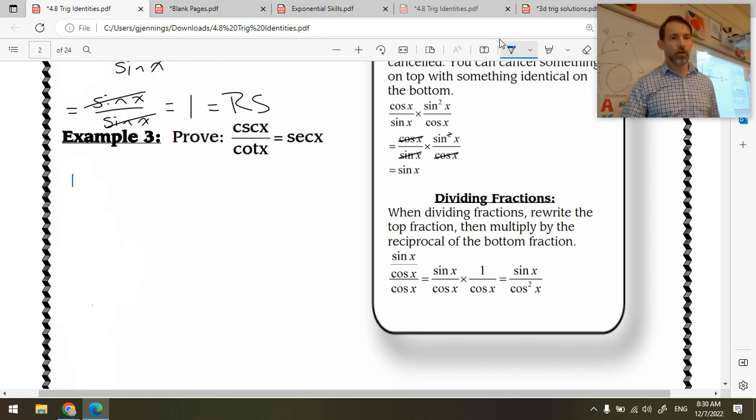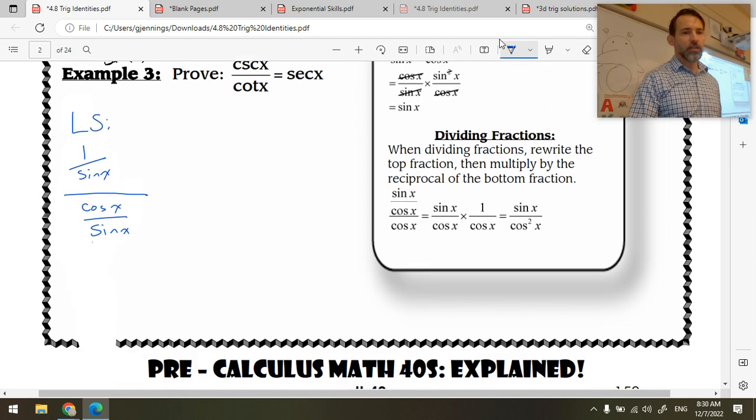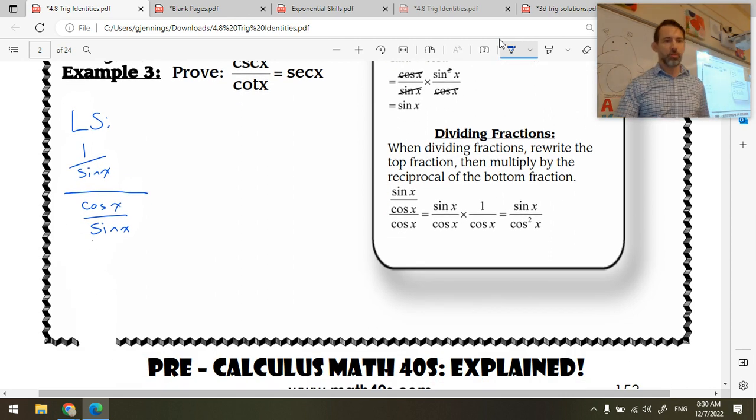So here is the working on the left side. Cosecant x is 1 over sine x divided by cotangent of x. Well, cotangent of x was cosine of x divided by sine of x. Okay, so that's what the left side is equal to in terms of sine and cosine. Let's flip that bottom fraction and multiply.